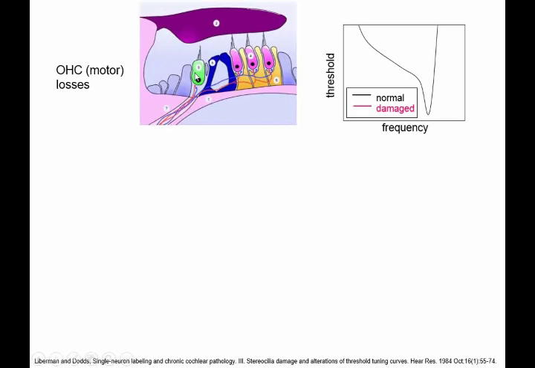Whereas the inner hair cells, these guys are fairly all right. Some of them are dead, but most of them have survived. So, what would this cat hear? It would hear a lot, just with a higher threshold and reduced frequency selectivity.